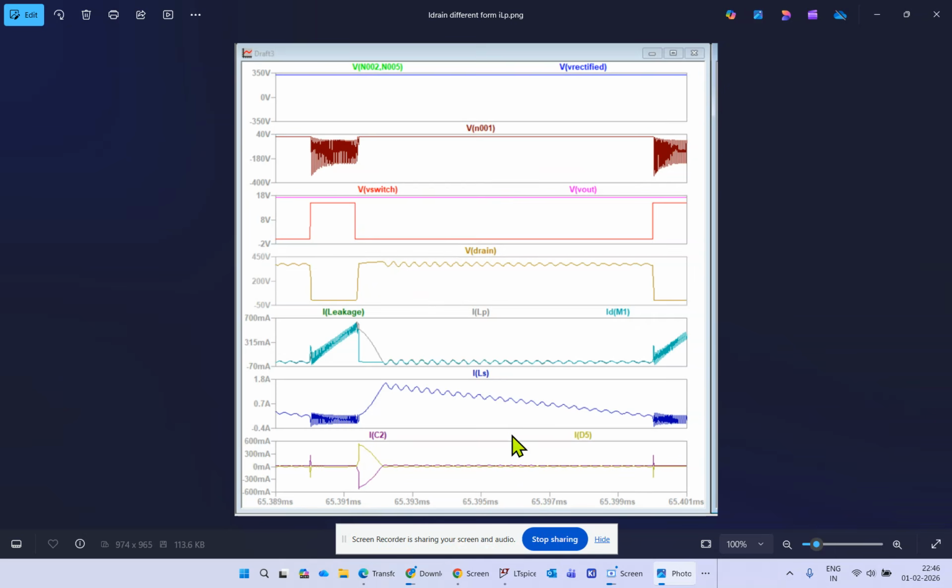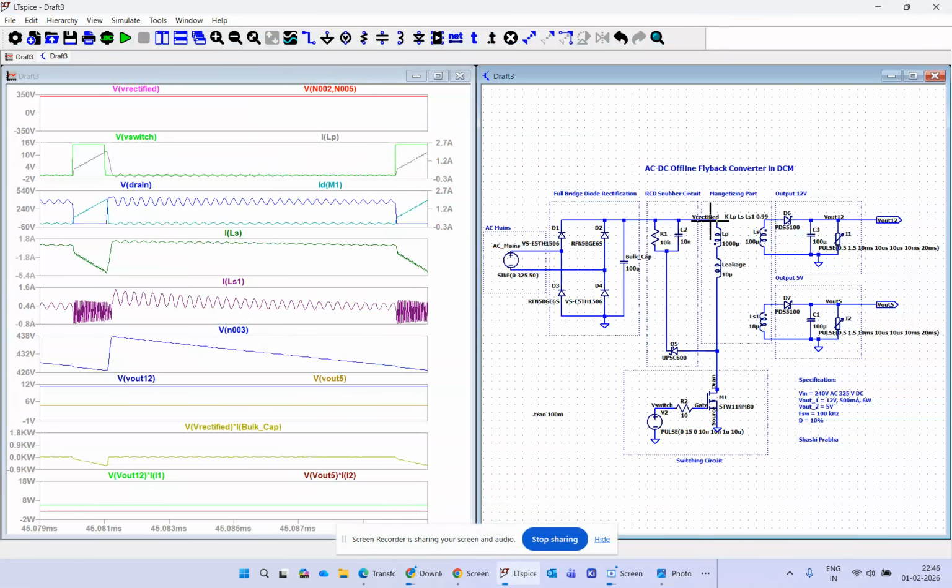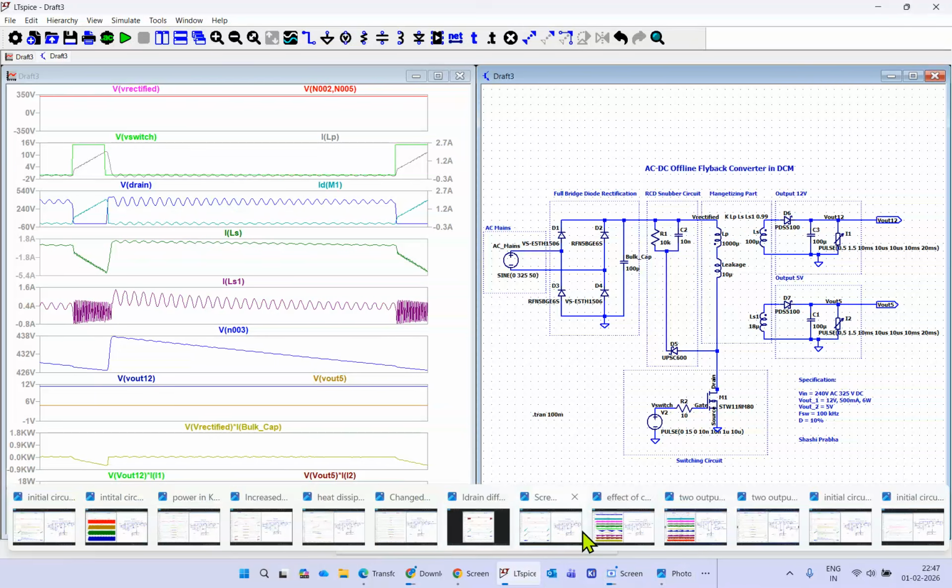Also, this is another observation of mine: the drain current and the current across the primary. Earlier I thought that all of them are the same, and in the circuit, the current flowing through the drain, and the current flowing through the leakage inductance and the primary inductance, is basically the same.